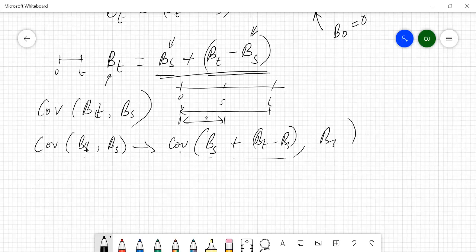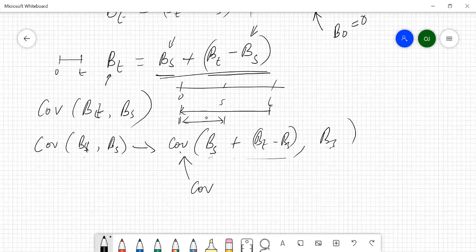Covariance is always a linear function, so we can distribute this BS inside. It's a linear function, so we can say that it is cov of BS and BS, are you seeing?